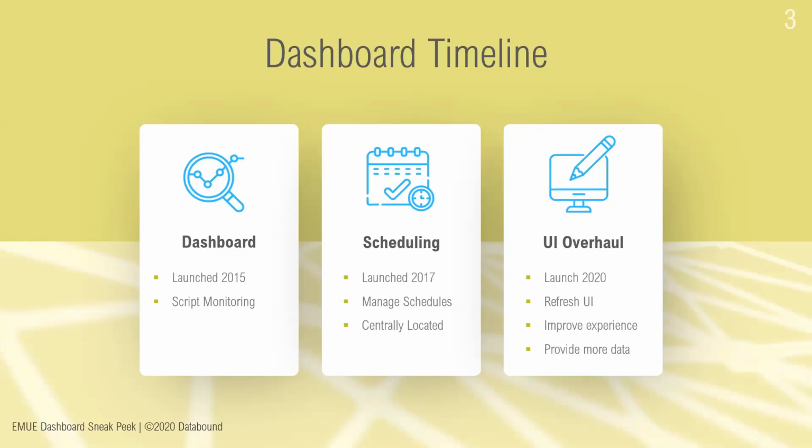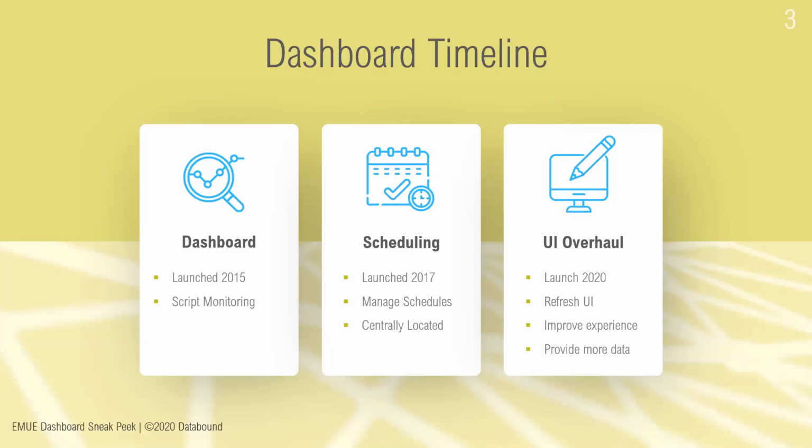A couple years later, towards the end of 2017, we added the scheduling piece to it. That came out of the same problem, where you've got a bunch of different machines and you're managing schedules. A lot of people are probably still using the Windows Task Scheduler to schedule scripts. If you have a small number of things you're doing, that probably works.